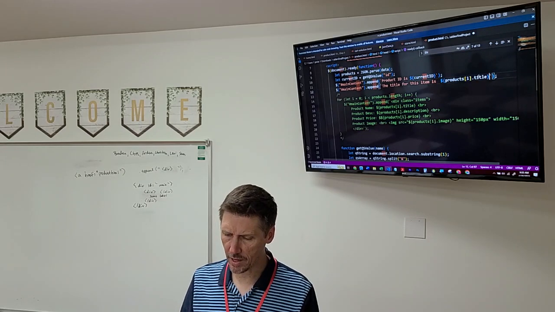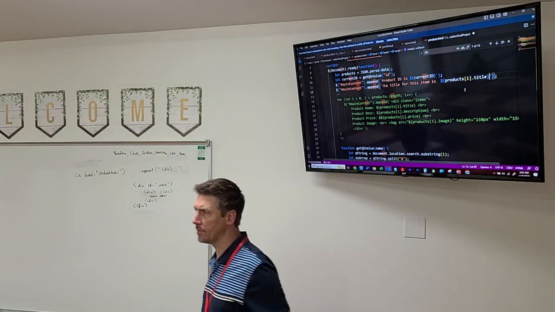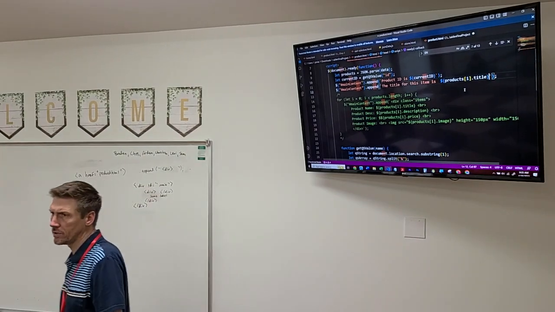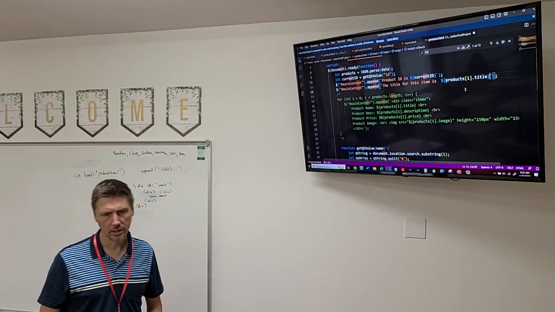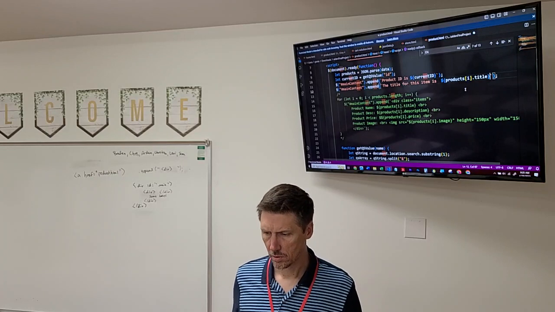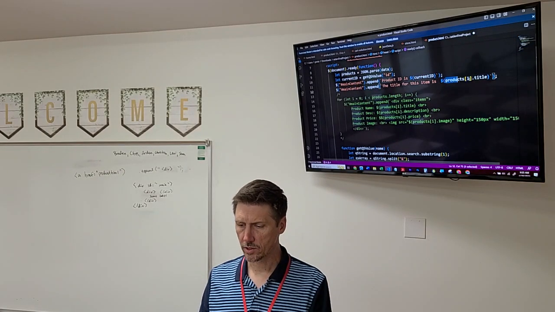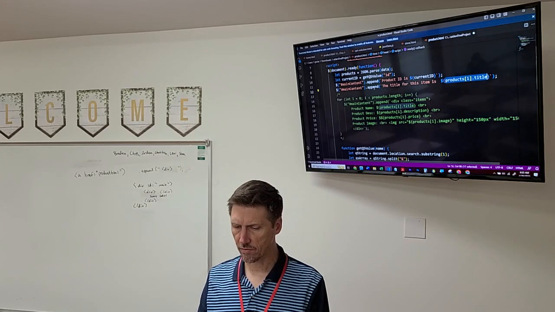What do I have to change about this in order to display the title for the item that I'm pulling up details for on this page? What needs to change with this code? How does this part specifically need to be modified based on the code that I've written here?